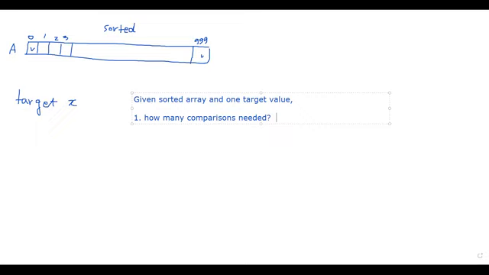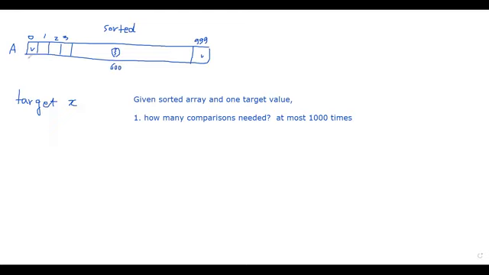So it is at most 1,000 times. Is it okay? Because we don't know where the target value is. Maybe the target value will be somewhere here. If it is at 600, then we need 600 comparisons, right?